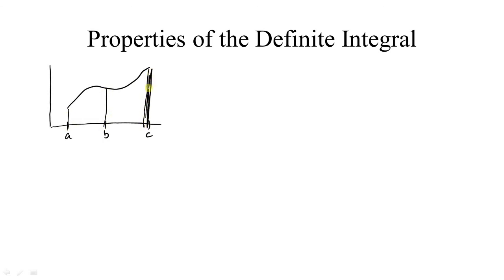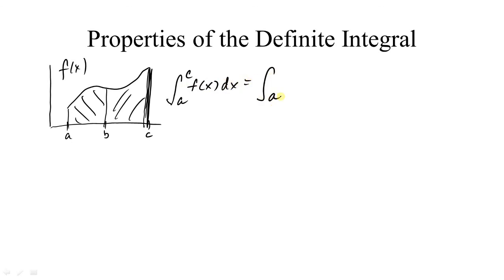First property is that the integral from A to C, which in this case would be the area under the curve between A and C, is simply going to be the integral from A to B of f of x dx plus the integral from B to C of f of x dx.